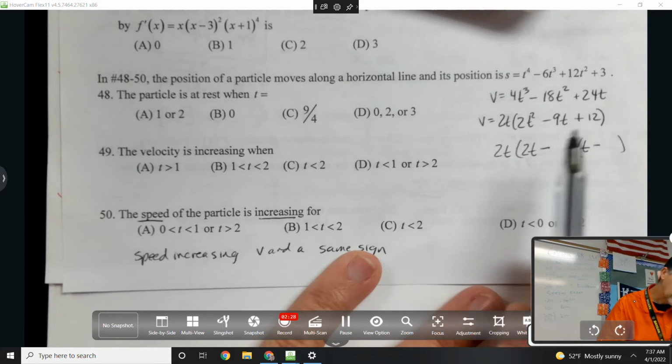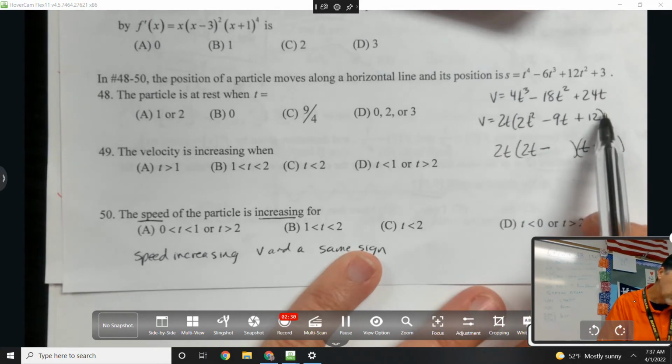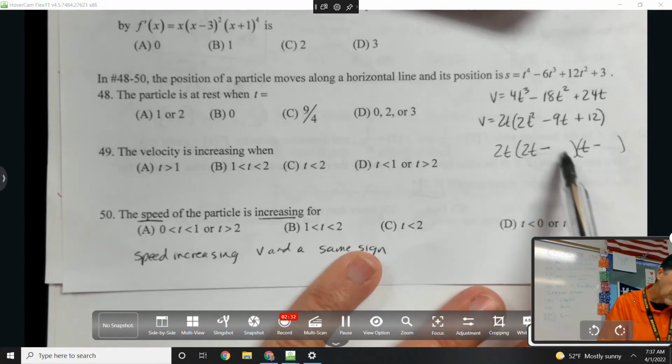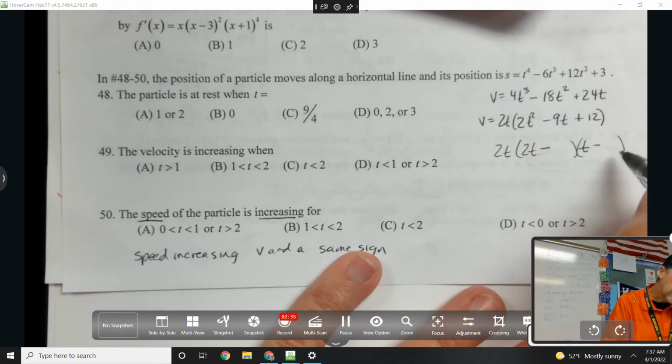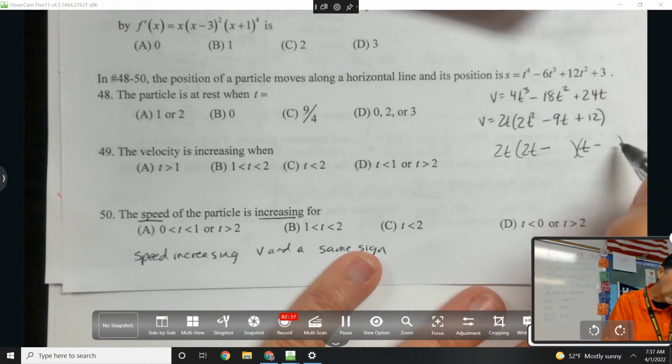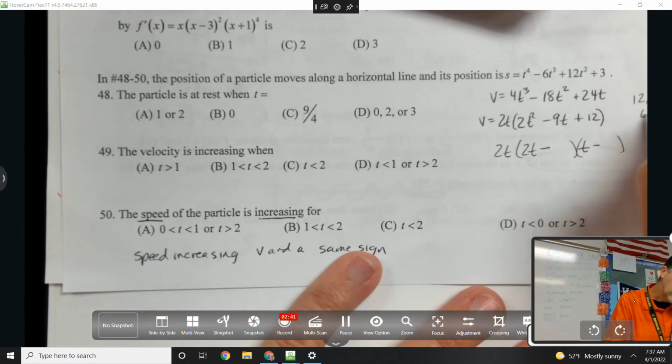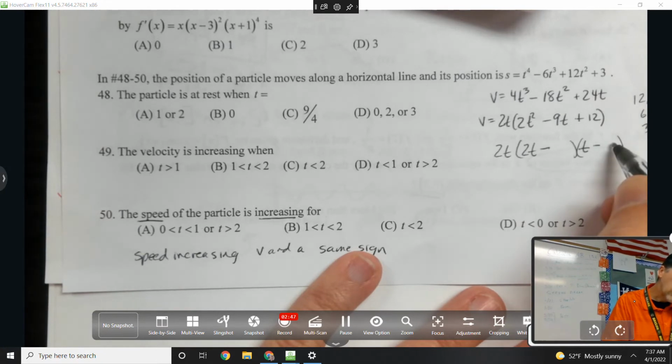Yes. Factor out a 2. 6 and 1, no. 12 and 1 wouldn't work. 6 and 2 wouldn't work. 3 wouldn't work. 4 wouldn't work.